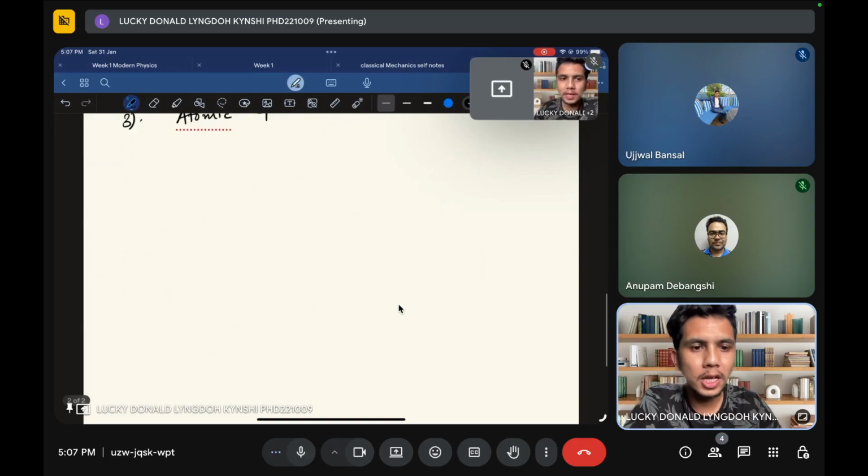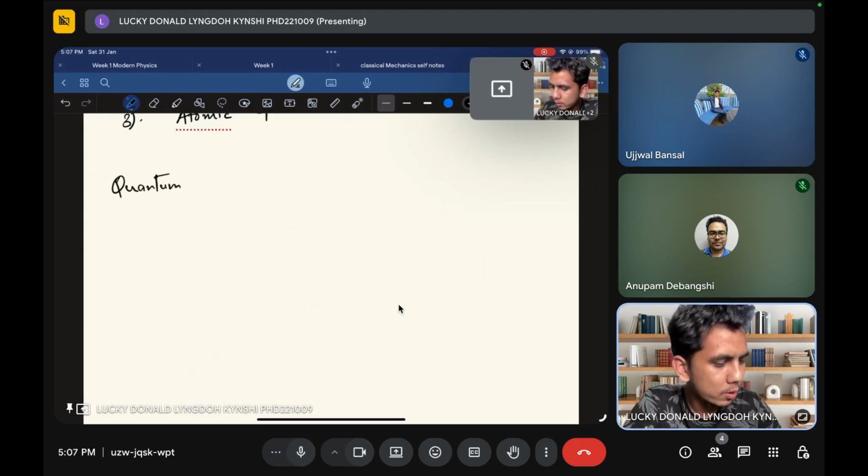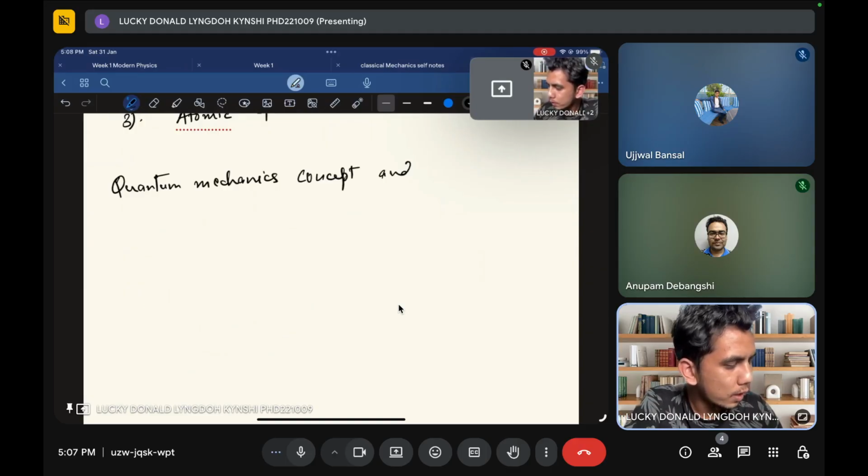Now, if you want to follow these sections of this lecture, I have taken most of the notes or lectures from these two books. Quantum Mechanics: Concepts and Applications by Zettili.